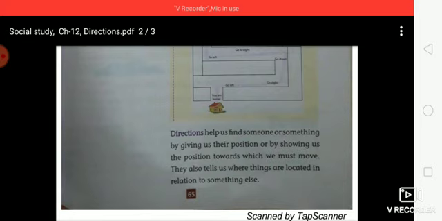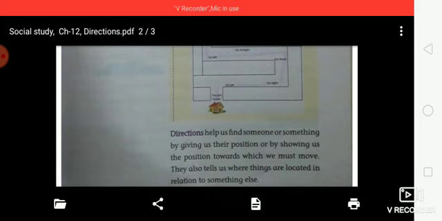N means north, S means south, E means east and W means west. We can also use a compass to find the directions. The needle of the compass always points toward the north.